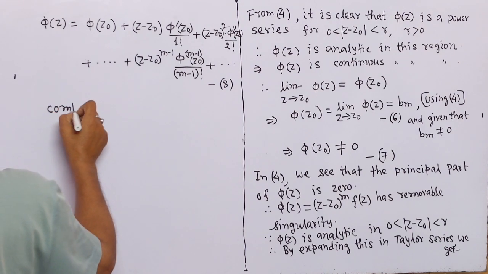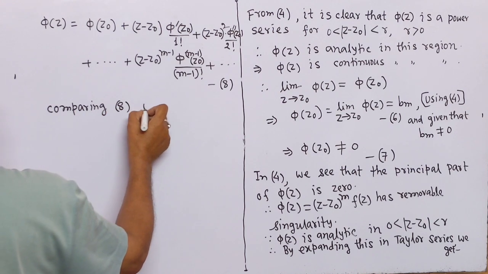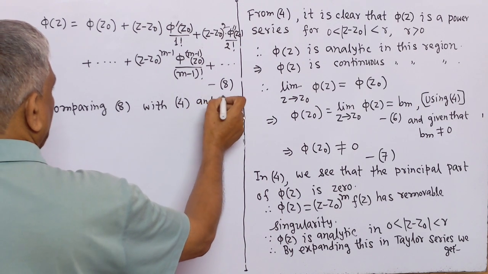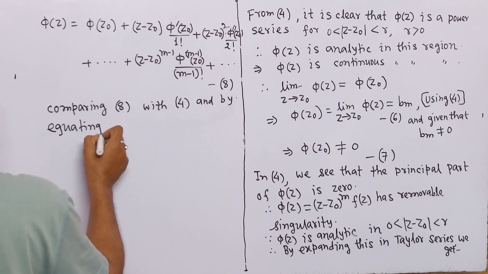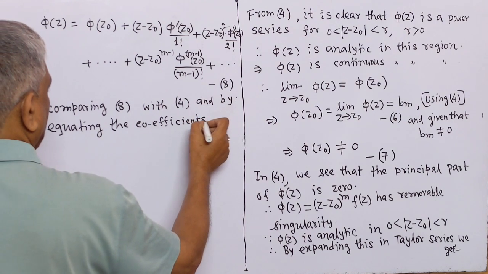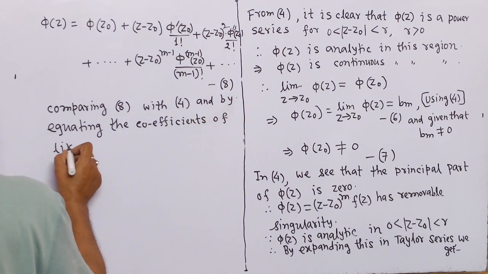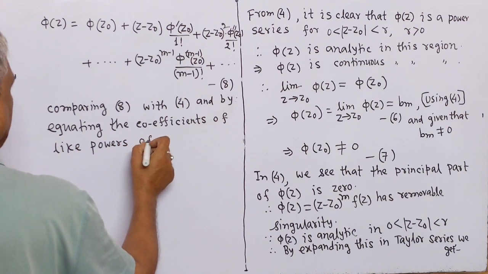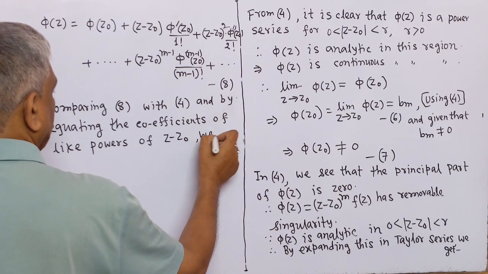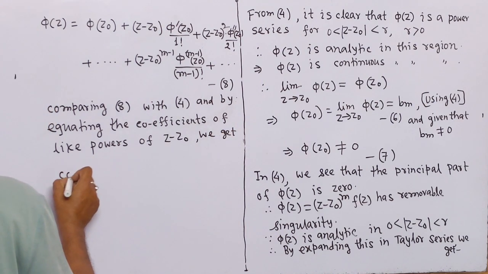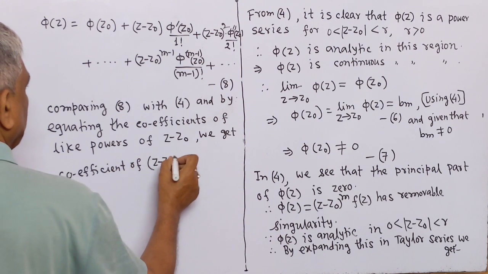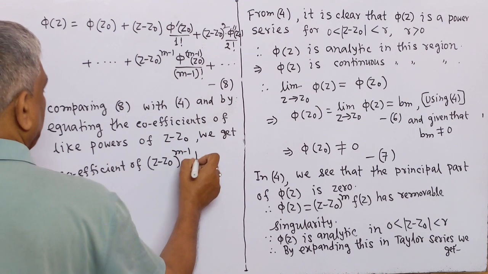Comparing 8 with 4, and by equating the coefficients of like powers of (z minus z naught), we get the coefficient of (z minus z naught) to the power m minus 1 equal to b1.